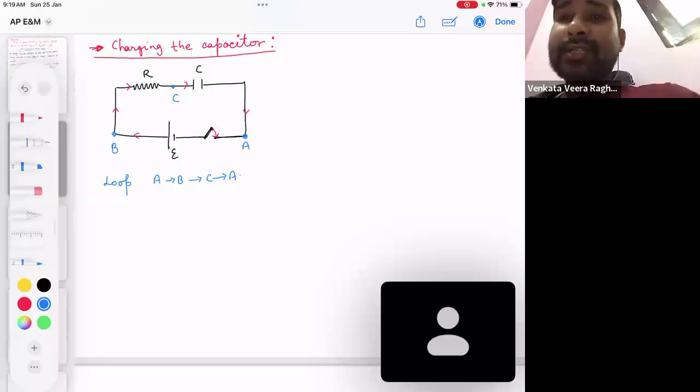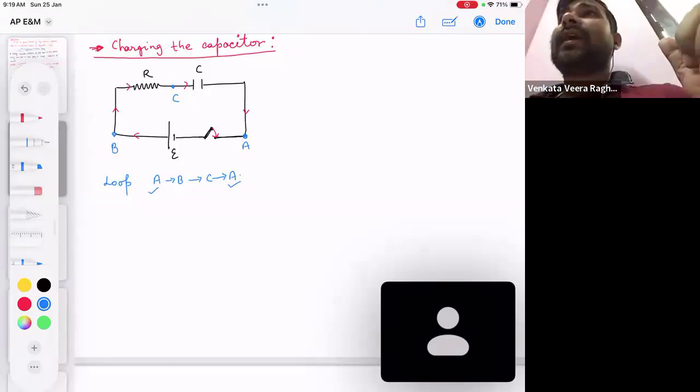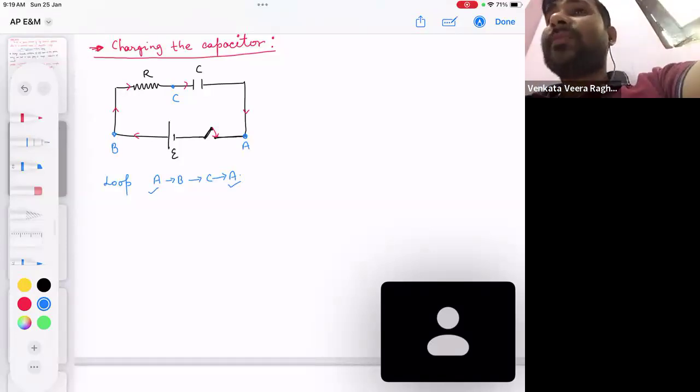That time your starting point and end point were different, so you wrote the starting potential as VA and the end potential as VB.